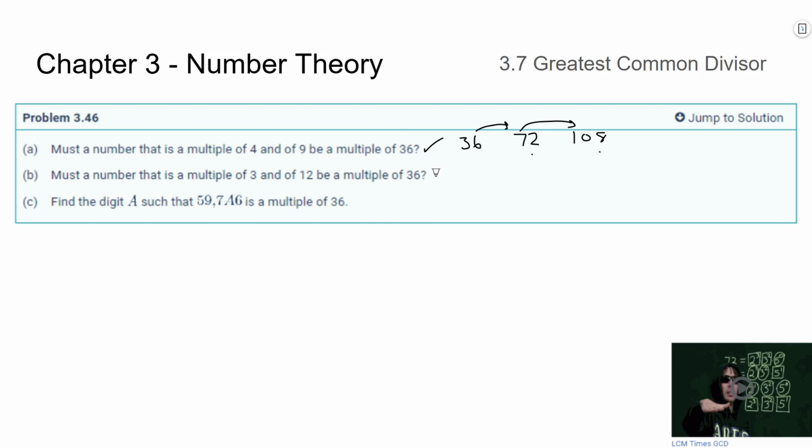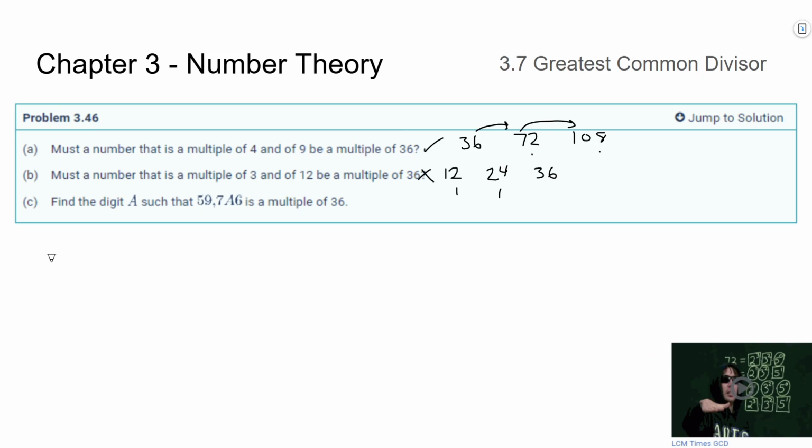So because the LCM is 12, then the common multiples are going to be 12, and then 24, and then 36. And 12 and 24, of course, are not multiples of 36. Multiples have to be at least that number or higher. So this is no.